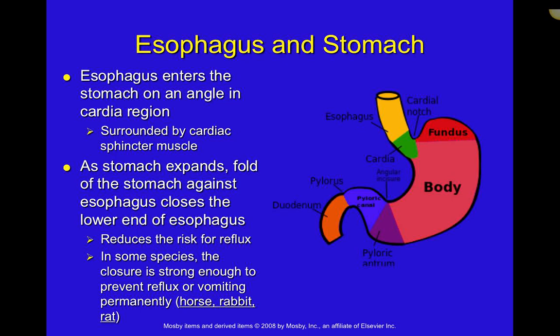Something else I was going to talk about: the difference between vomiting and regurgitation. Something that's important to know. Vomiting is an active reflex. Vomiting involves the abdominal muscles, the stomach muscles, and the muscles of the esophagus.